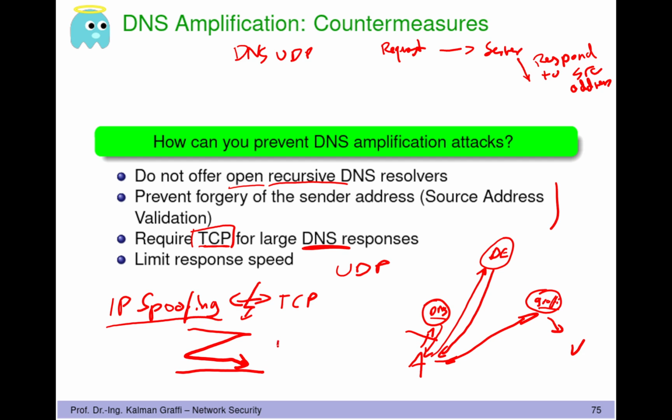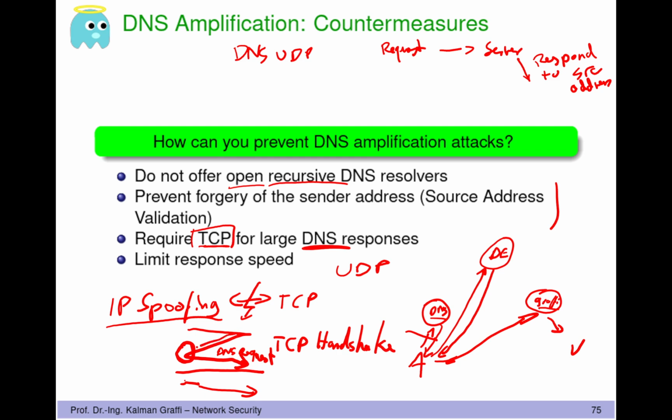So first you need the TCP handshake, and then you can send your request, let's say even this DNS. What is important with TCP is that you first need to receive the first response.